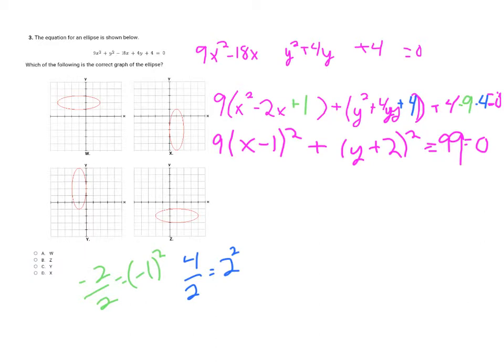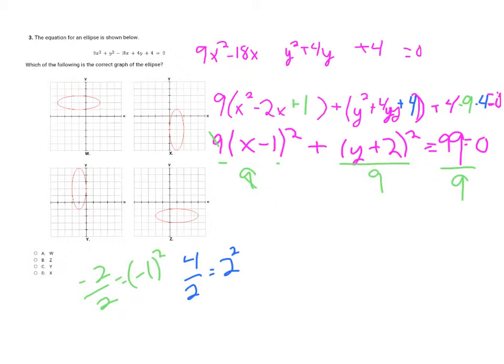And so we're getting closer to that ellipse equation form that makes it easiest for us to match the graph. The next thing we do is we don't want any coefficients in front of our parentheses. So this 9 is times the parentheses. So to move it, we're going to divide every term by 9.